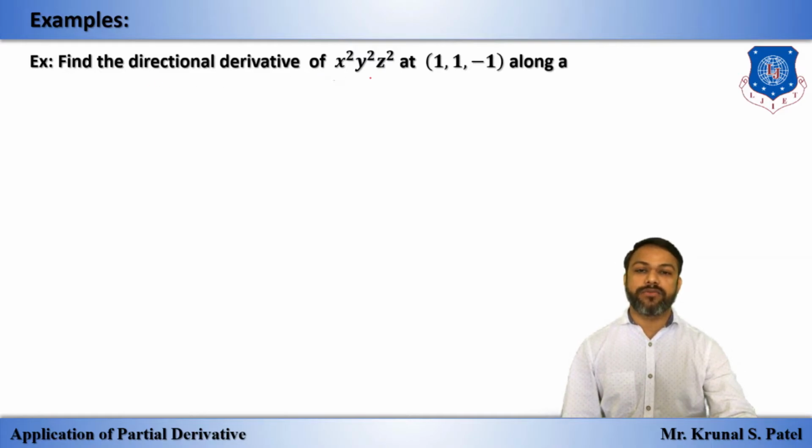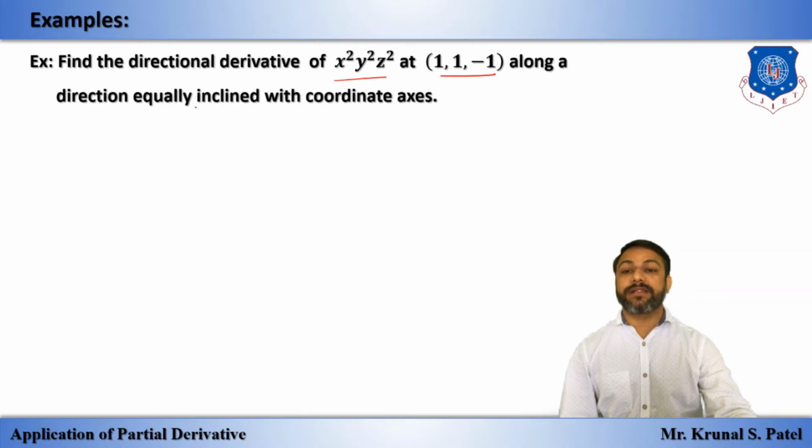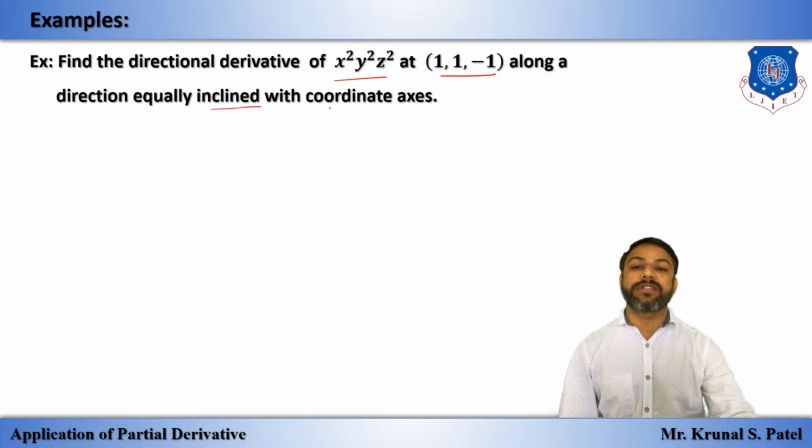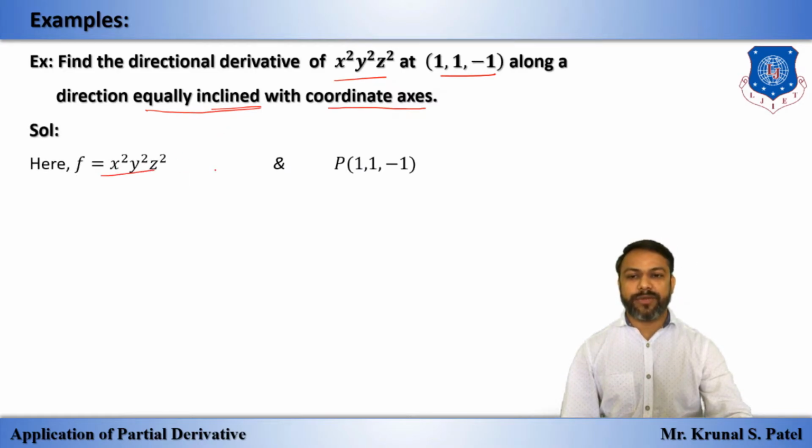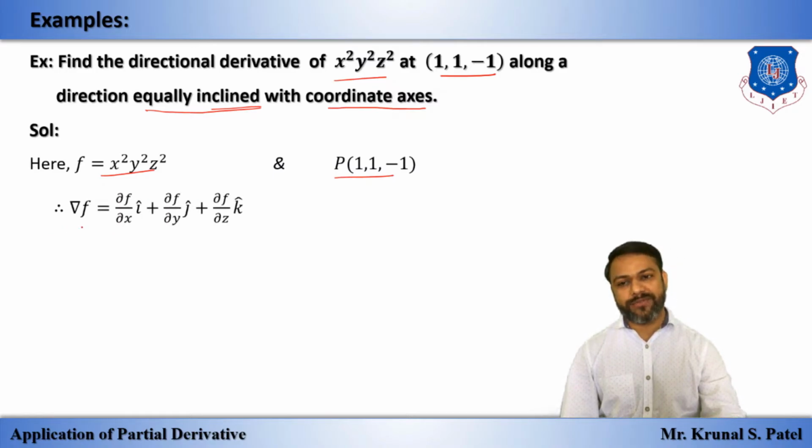Find the directional derivative of this function at this point along a direction equally inclined with the coordinate axes. Equally inclined with the coordinate axes, that means let's have a look at this solution. So first we will take f at point P. Now we find the gradient of f. So the gradient of f is given by the formula.